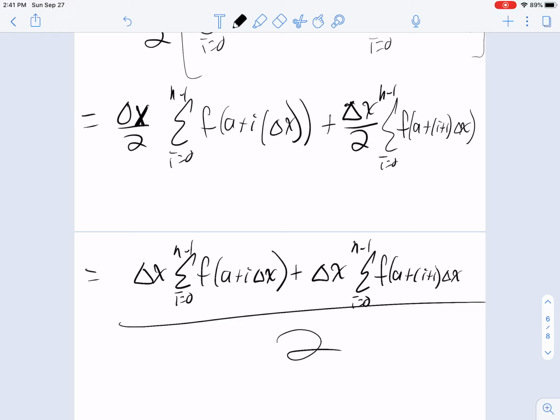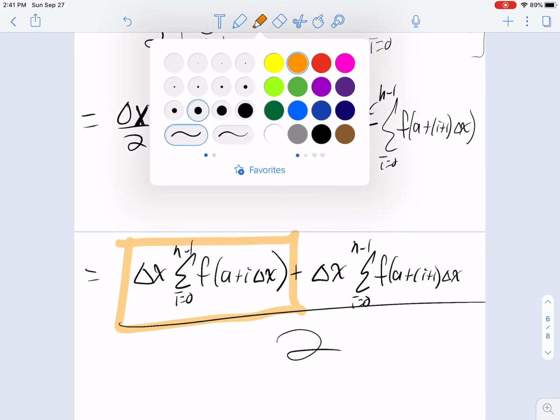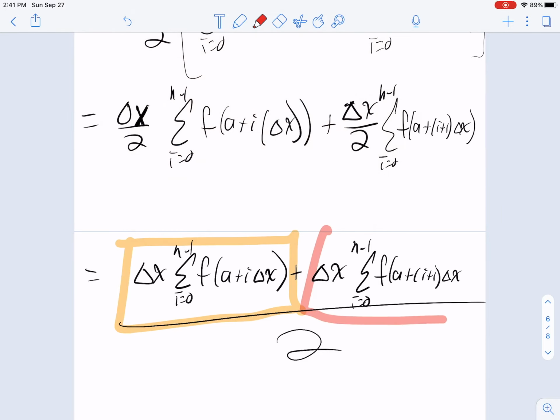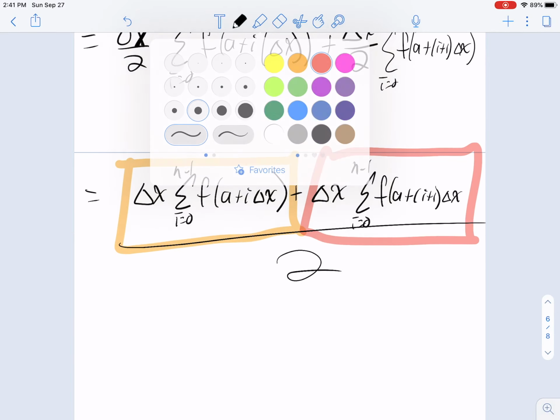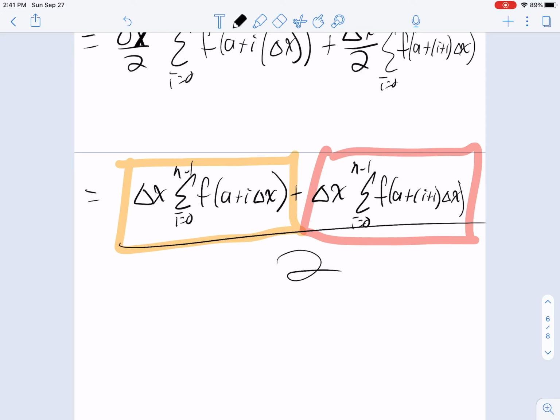And you notice this guy, I'll just kind of box it. That's my left-hand approximation. This guy is my right-hand approximation. And we are adding them up and dividing by 2.